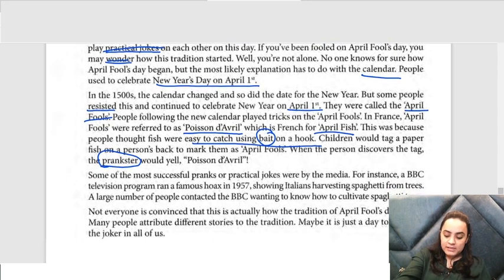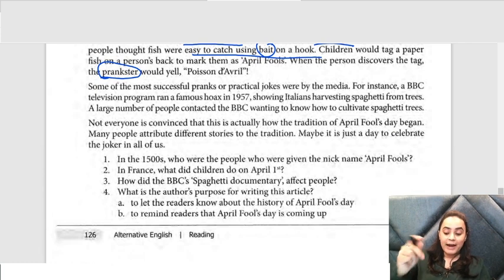Some of the most successful pranks or practical jokes were by the media. So, media also played pranks on the people. For instance, instance means example, a BBC television program ran a famous hoax in 1957. Hoax, something fake. A fake telecast was run on television, in which Italians were shown harvesting spaghetti from the trees.